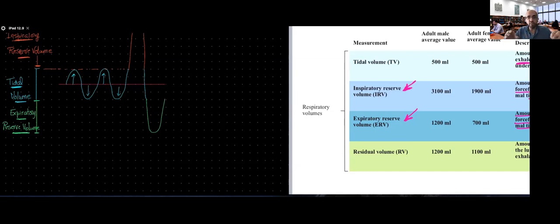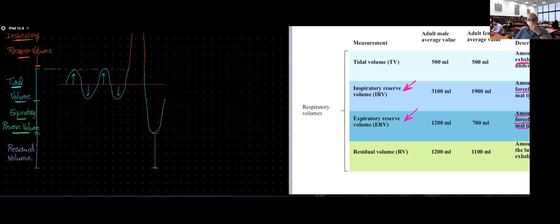This amount of air trapped in your lungs is what we call the residual volume. So I still have some air trapped in my lungs that will keep them inflated even after maximal expiration. This is my residual volume.